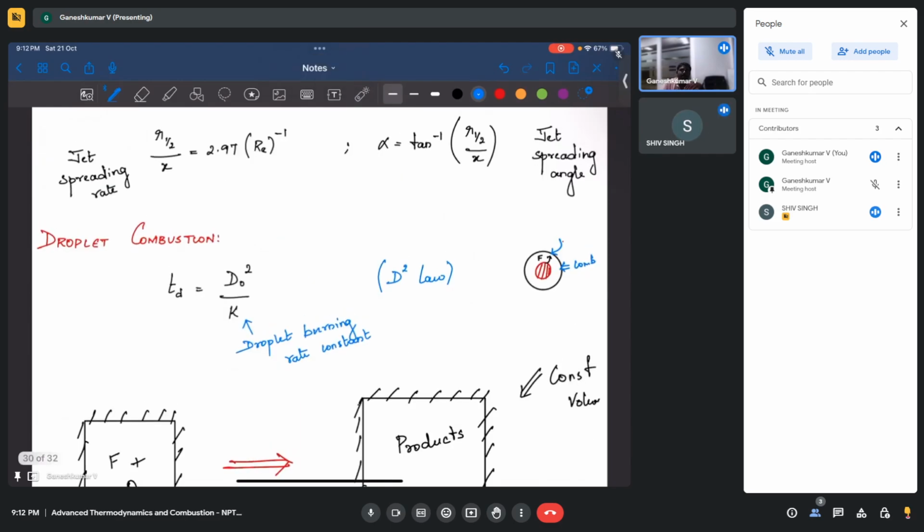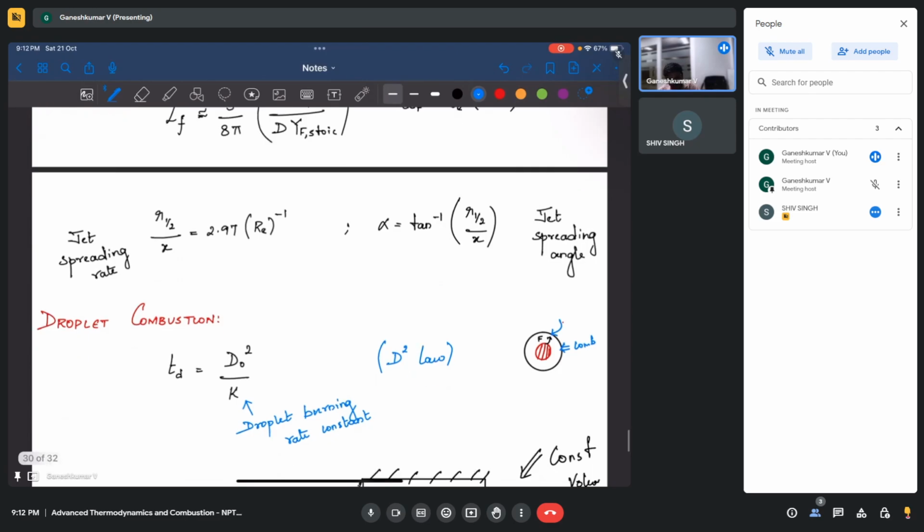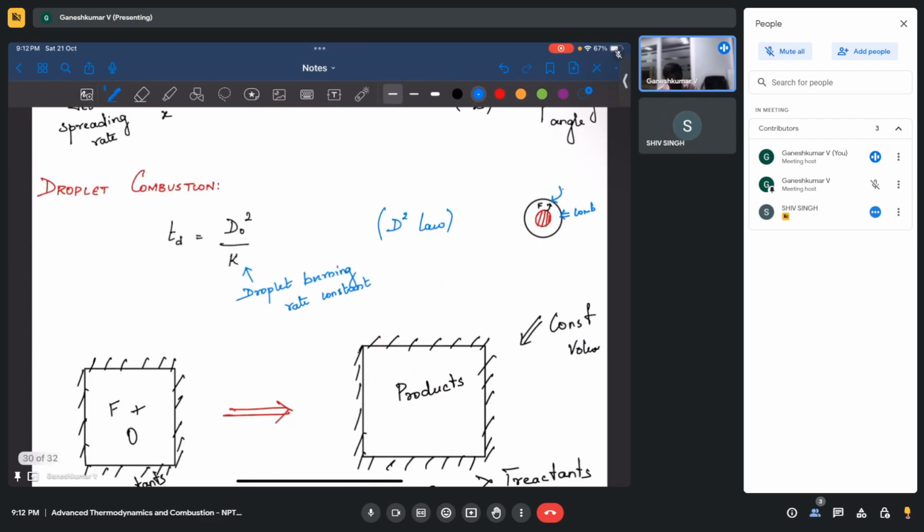This also happens in the rocket engines, liquid rocket engines, if you look at it. There also there will be a droplet and there will be combustion happening around it. And basically for droplet combustion, there is this d square law we used to follow, which means the droplet lifetime... let's say I have a 100 micron droplet, right?